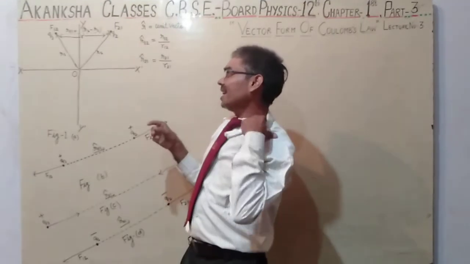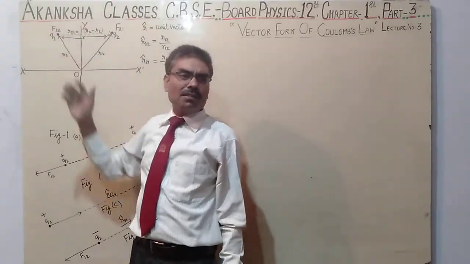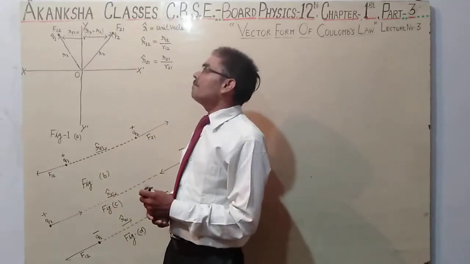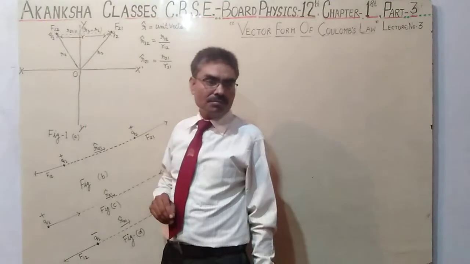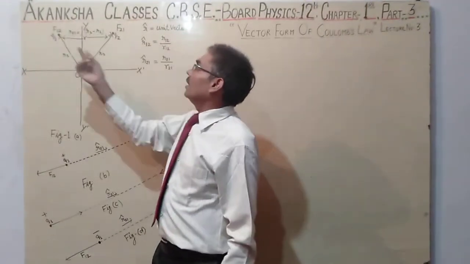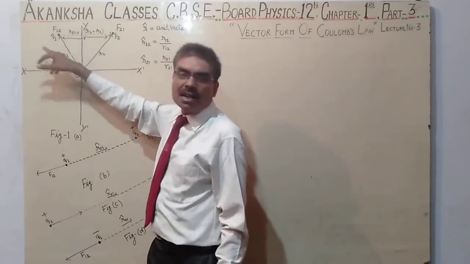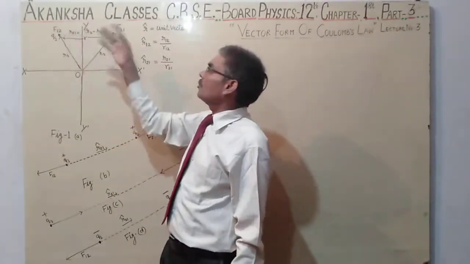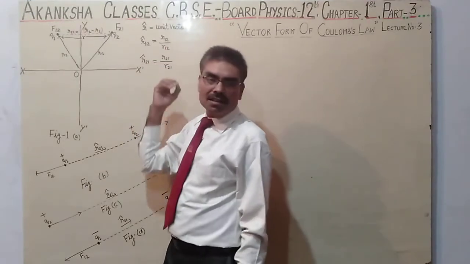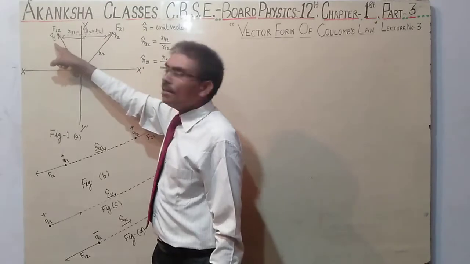Students, in this case charge 1 will feel some force due to charge 2. Here the force that is felt by charge 1 is said to be the force exerted by 2 on 1.